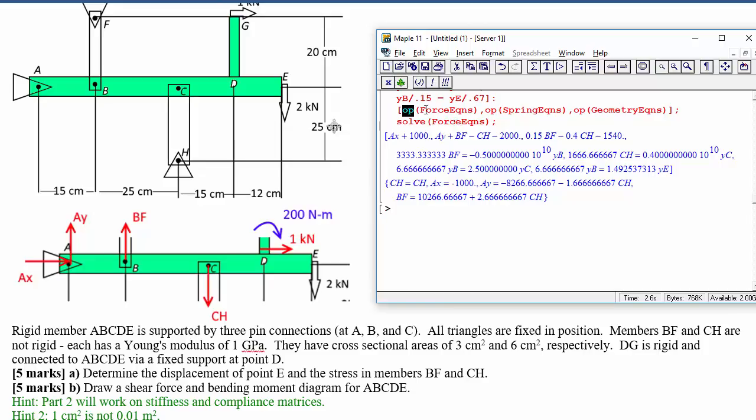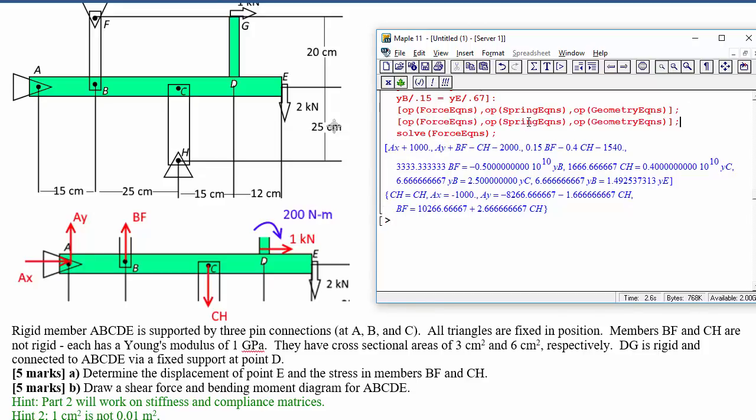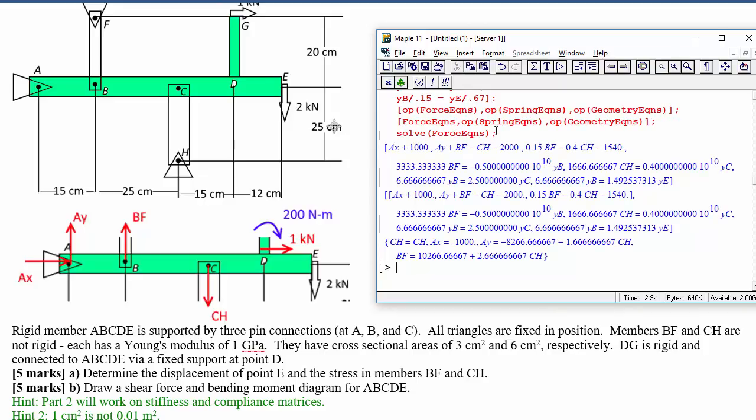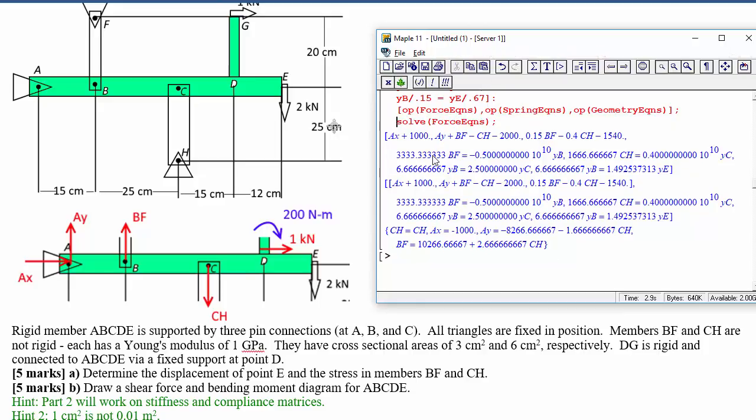So without that, we would have a list of lists, which is not going to be what we want to solve there. So that's why you have to use the open command there. Okay, and now we can solve this thing.